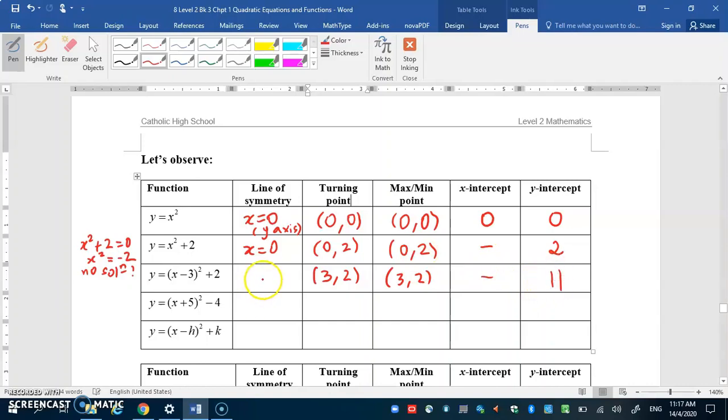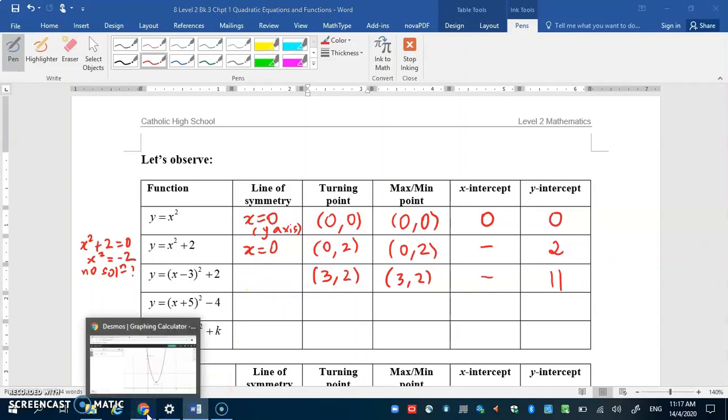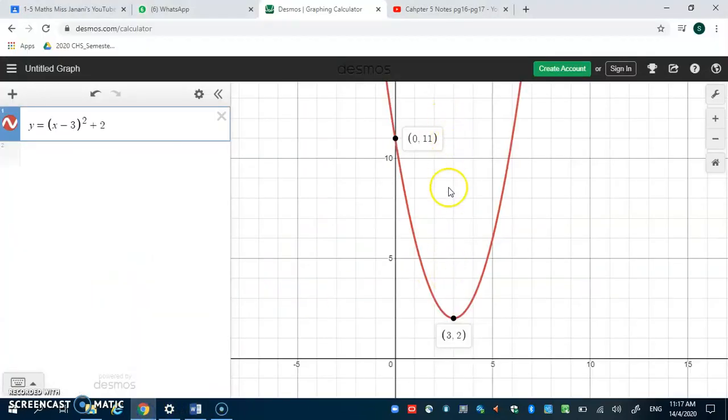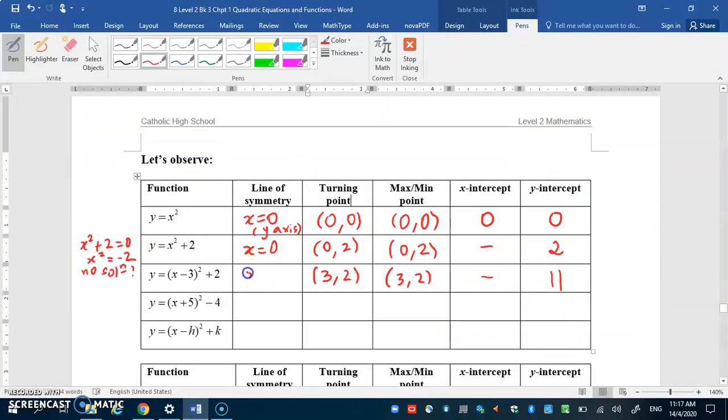The line of symmetry, if you go back to the graph, is the line passing through the turning point. So this line over here is actually the x equals 3 line, the vertical line passing through the minimum point.